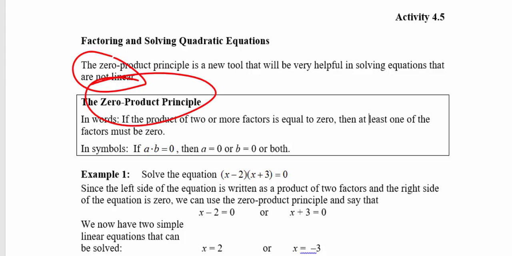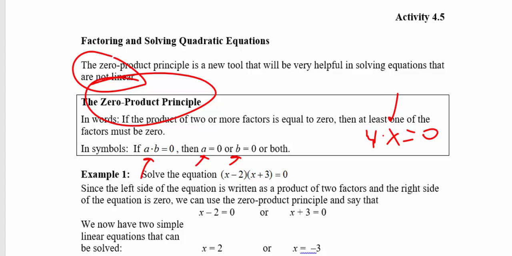Okay, and really what it says is if we have A times B equals 0, either the A or the B has to result in 0. This kind of makes sense, right? So if I had 4 times x equals 0, the only way to make this true would be x has to be equal to 0.